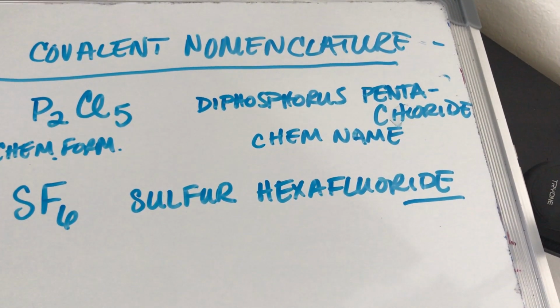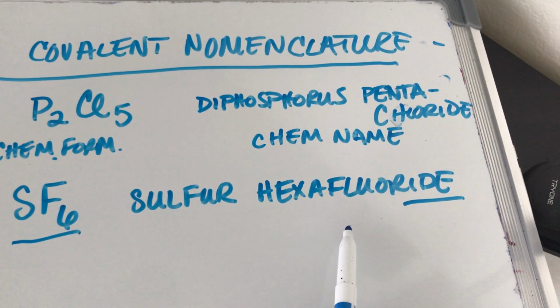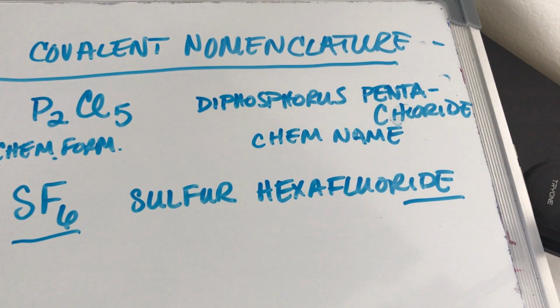So I think with the covalent nomenclature, going from chemical formula to chemical name is maybe slightly more difficult, but they're pretty much equally not too challenging.